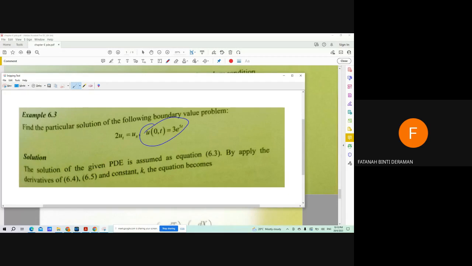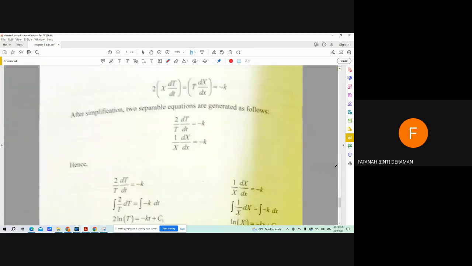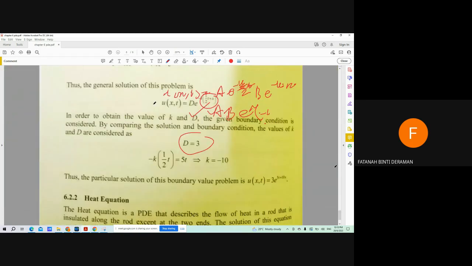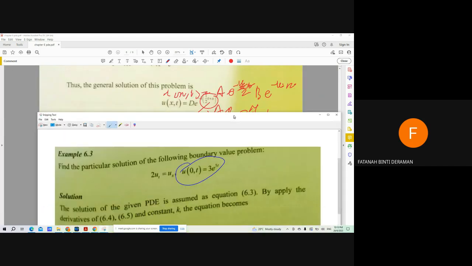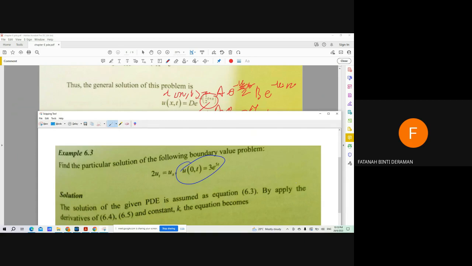Okay, you get this initial value problem. So you will get 3e^(5t). If you compare here, in the general solution you will get u(x,t).